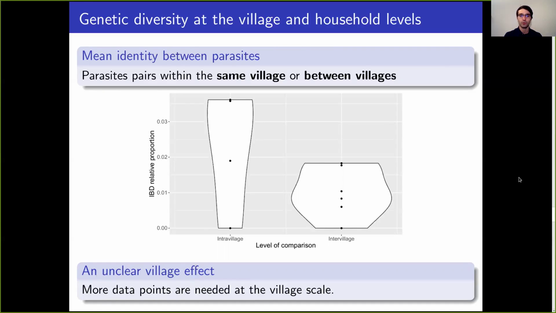On the left, you have all the data points obtained from sequences coming from the same village, and on the right, the data points obtained from sequences coming from different villages. In this situation, we could not say anything about it because we think that we don't have enough data points to infer anything. So we would need more data points, hence more villages.